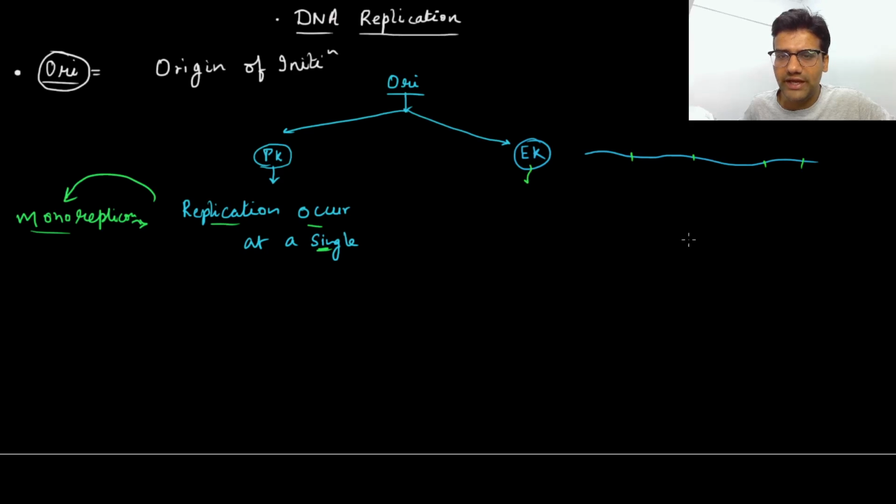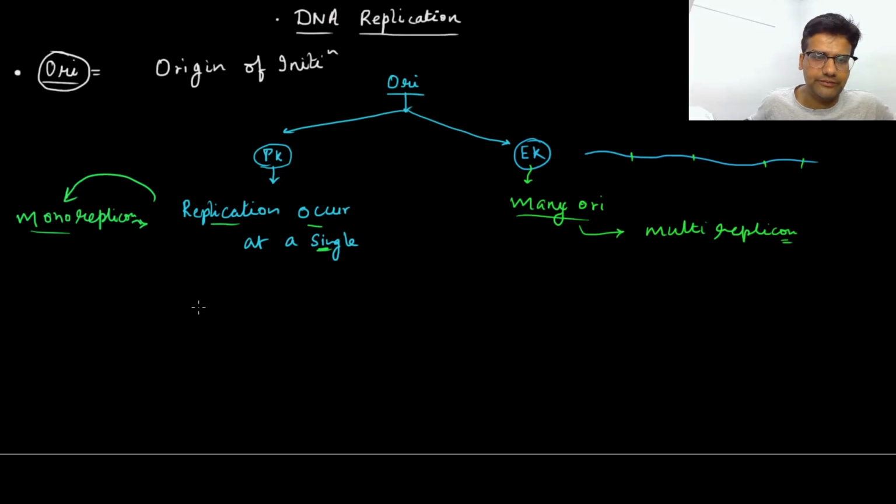That means eukaryotes have many ori, and replication occurs at many points at a single time. Therefore, eukaryotic DNA is multirepliconic. So DNA replication in prokaryotes is monorepliconic, and in eukaryotes it is multirepliconic.